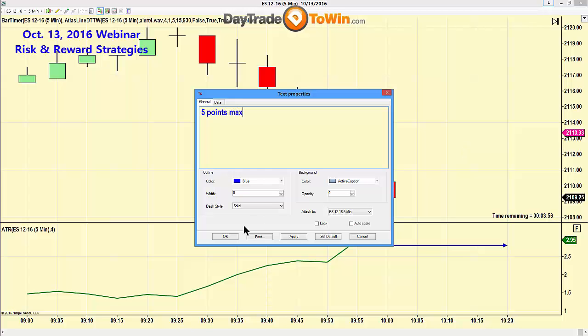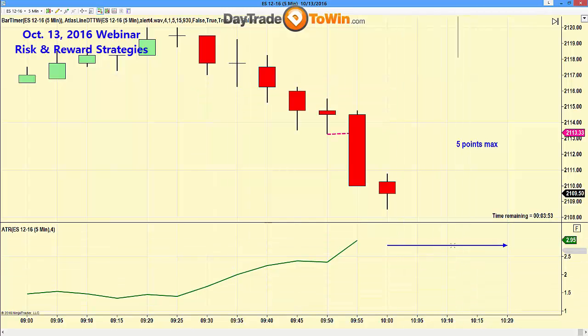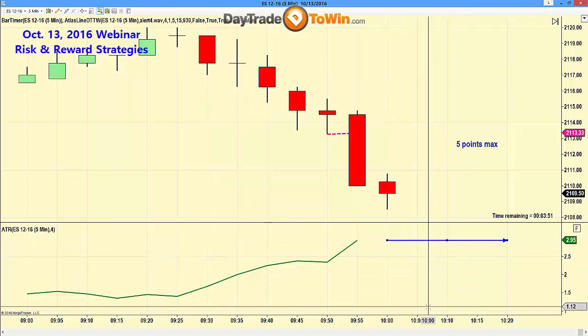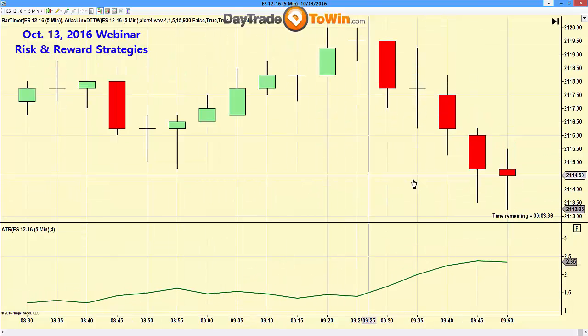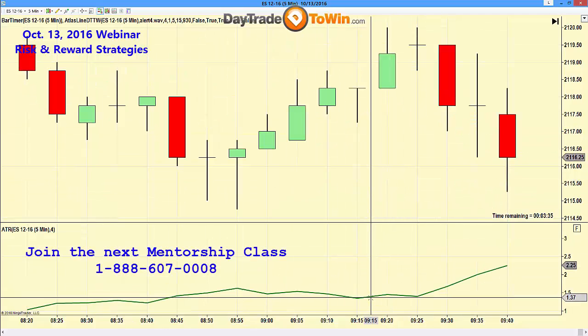So usually what I like to do is I like to double the ATR up to a maximum of 5 points. So currently the market's trading at about 2 3/4 of a point. That means 5 points maximum stop. If the market is slower, it's relative. If, let's say, the trade happened here earlier at a 1.25, you double that to 2.5, you're risking a stop that is relative to the current conditions.